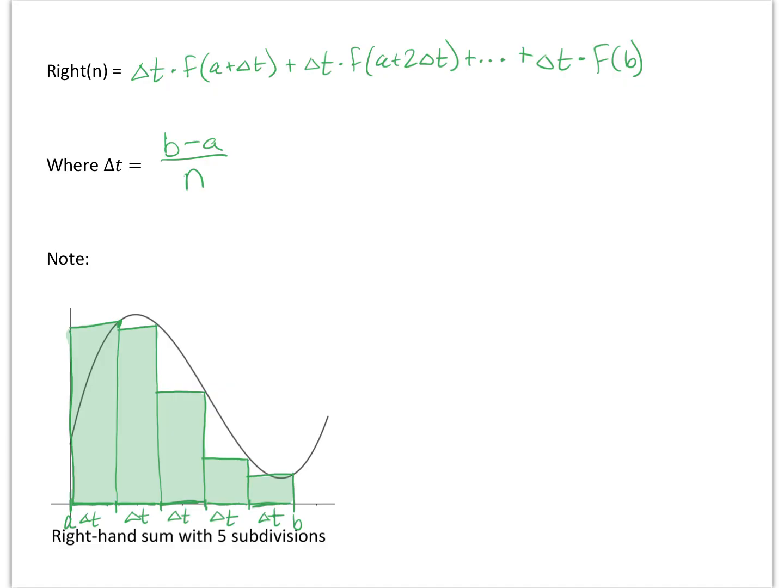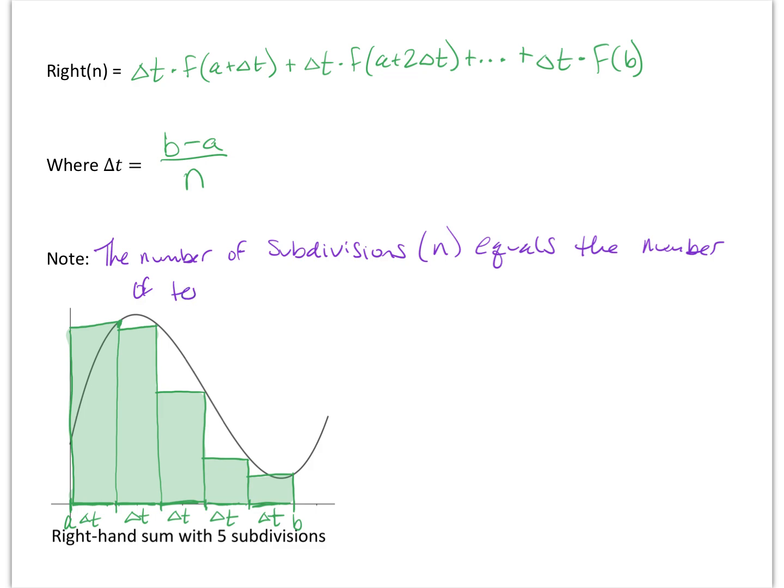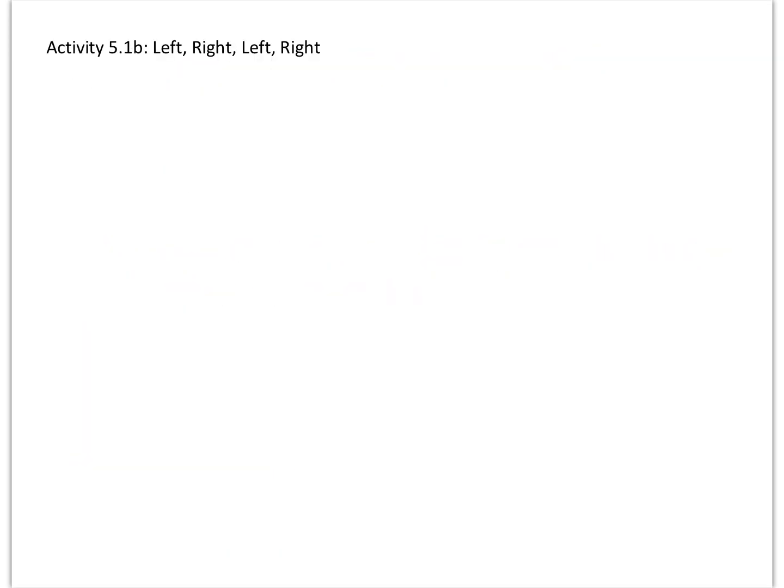And note, just as a way to check your work sometimes, we should say that the number of subdivisions we make, the n value, equals the number of terms in your sum.